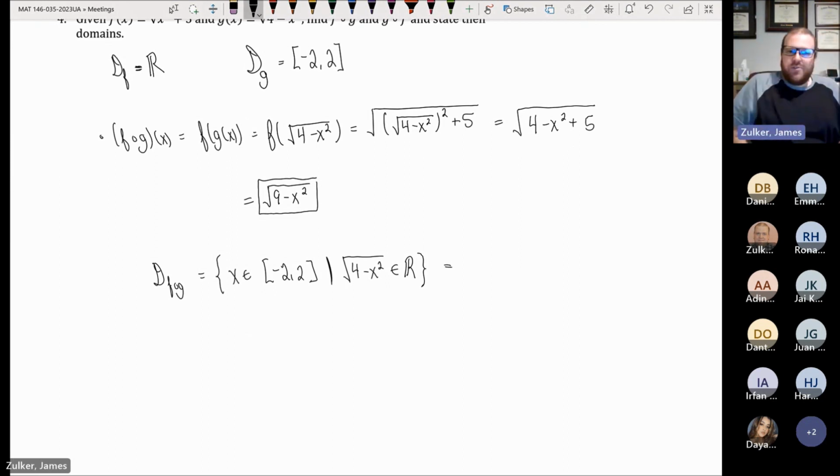So what values from -2 to 2 make the square root of 4 minus x squared a real number? It would be all of them, right? So that's our domain.